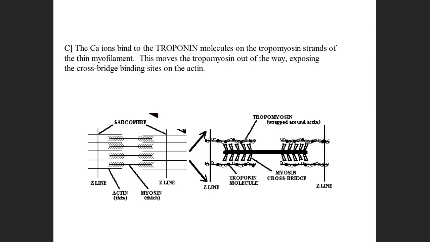Remember, the problem the muscle cell had about contracting before was that the tropomyosin was in the way. But if we can change the shape of that tropomyosin and move it away from the actin, there might be an opportunity for the cross bridges to attach to the actin. And that's exactly what happens.